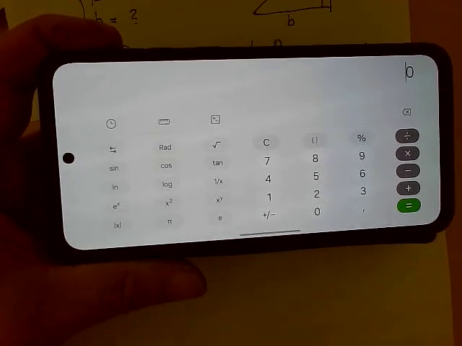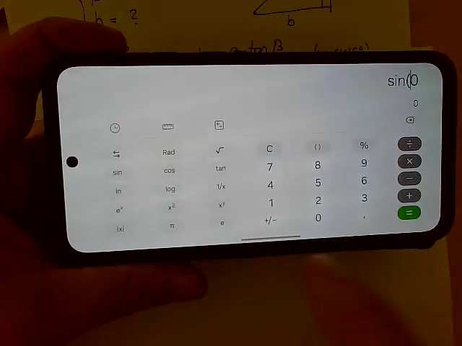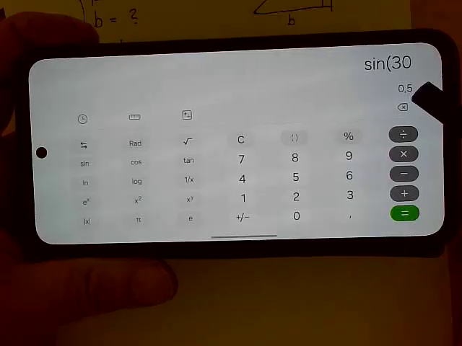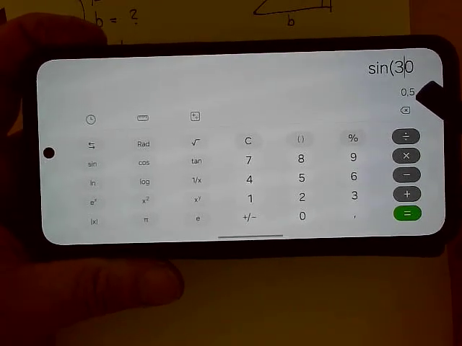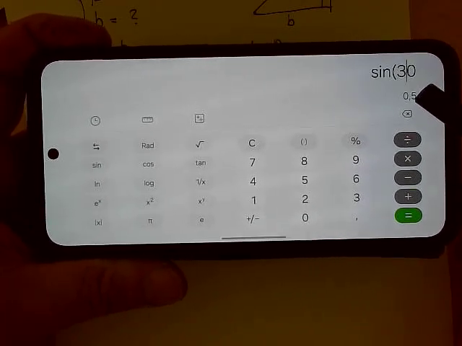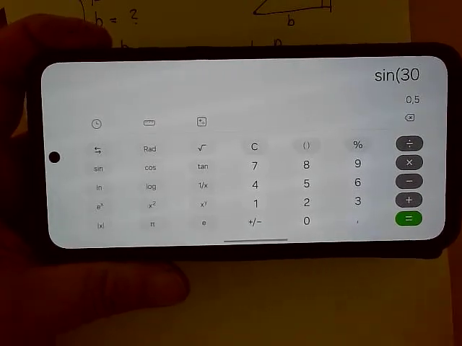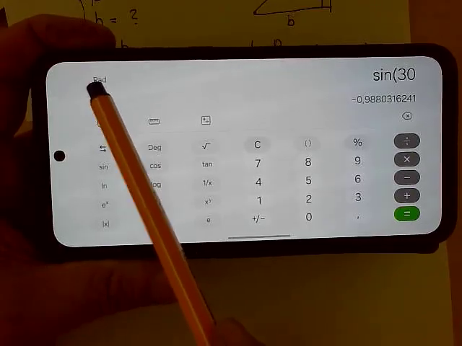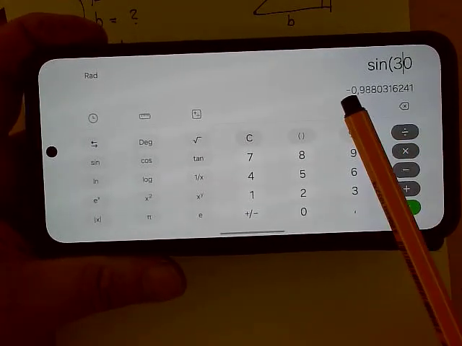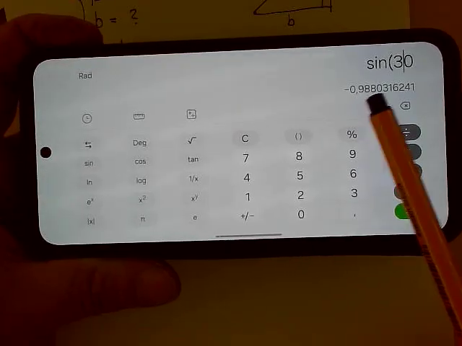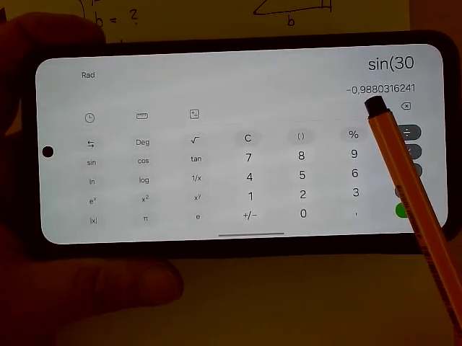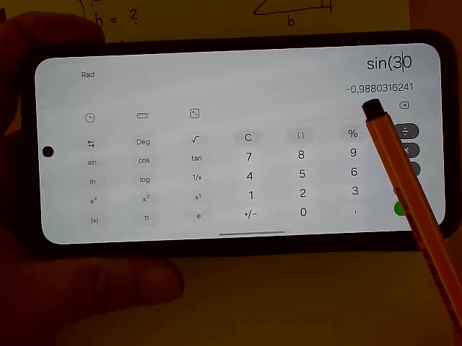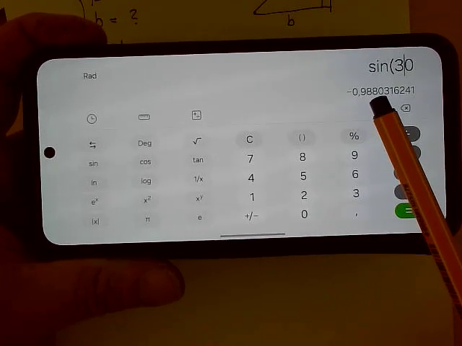But if I write here sine 30 degrees, you see it gives you 1/2. So actually it calculates with degrees. This is strange that when I push this button rad, now it shows rad here. And as you see now, it calculates with radians, and it gives something. This is what you get if the unit is in radians in your calculator, minus 0.988.